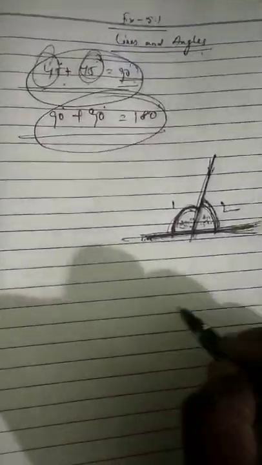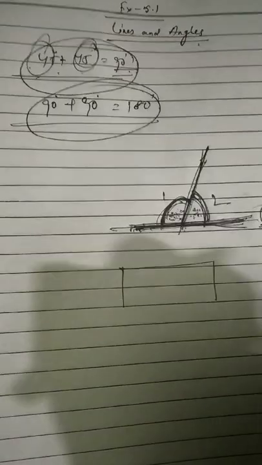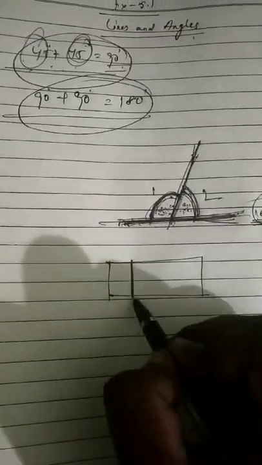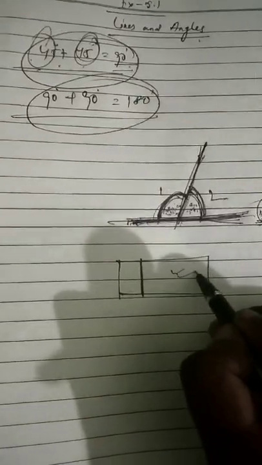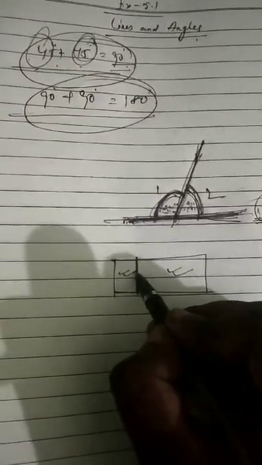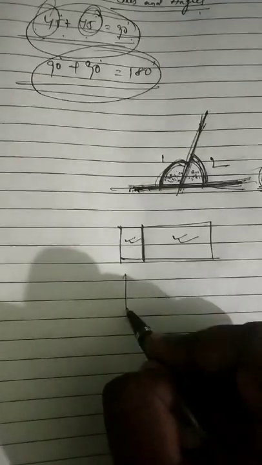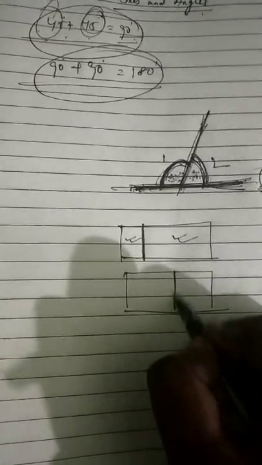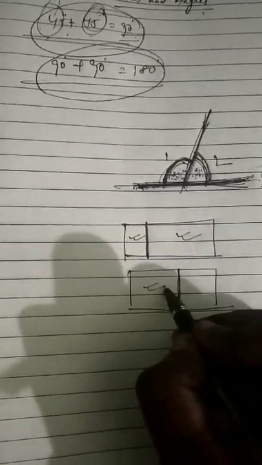I mean to say, if I draw a diagram to make you understand, suppose it's my hall room, and I want to give a partition over here. So naturally this room will be increased, this room will be decreased. And if I give the partition over here, naturally this room will be increased and this room will be decreased.